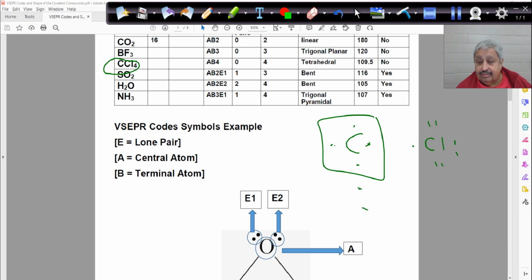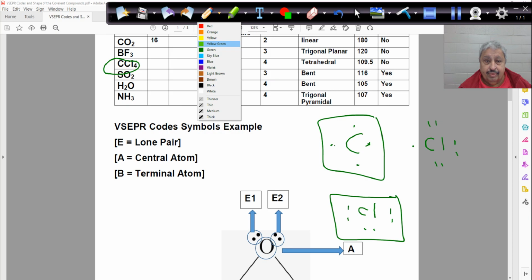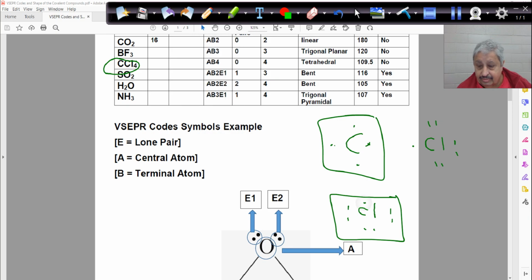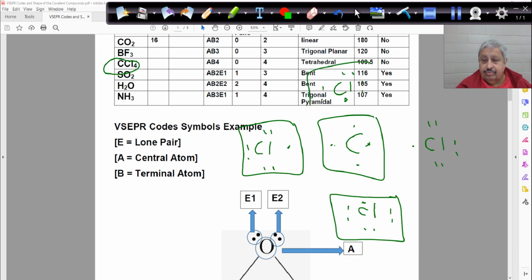And here is 2, 2, 2, 2. And here's 1, here's 1, 2, 2, 2, 2. And here's 1, 2, 2, 2, 2, 7.